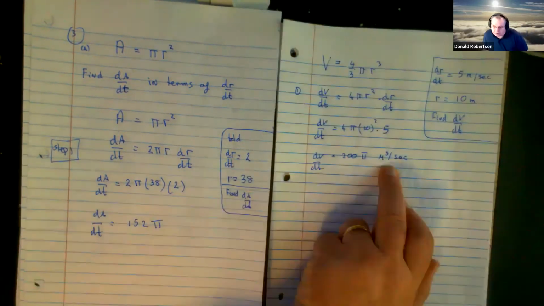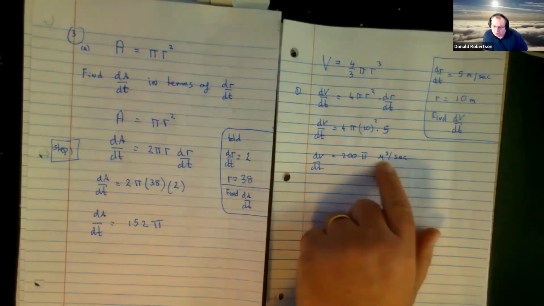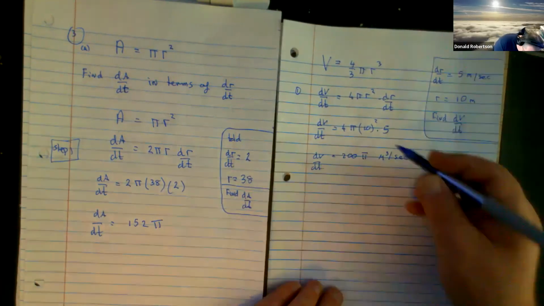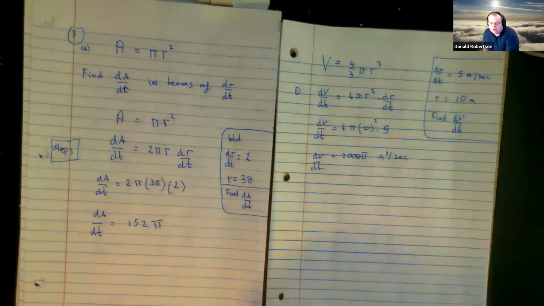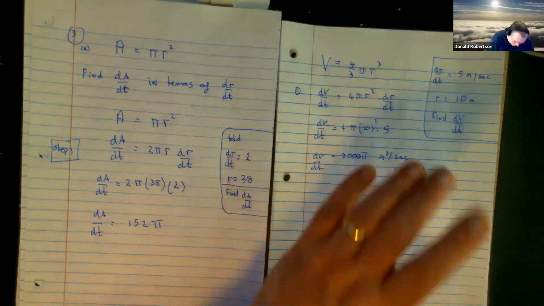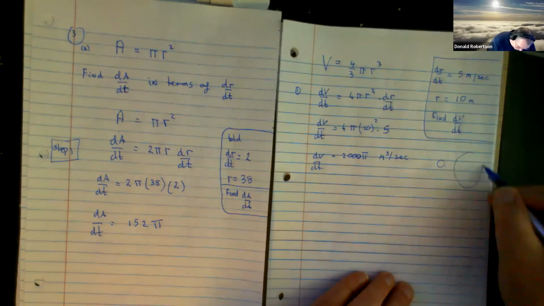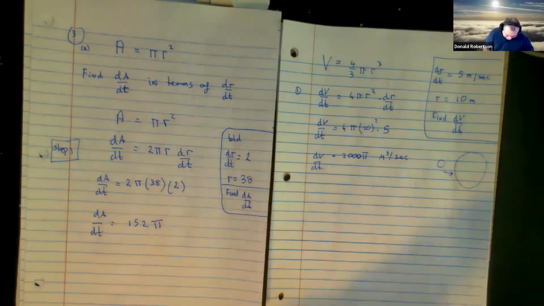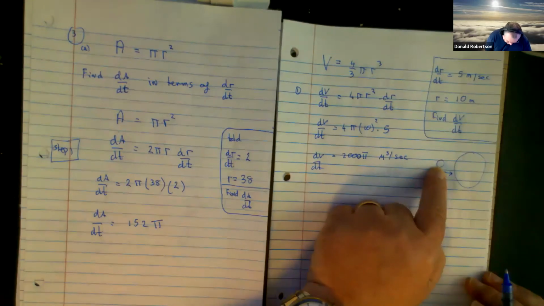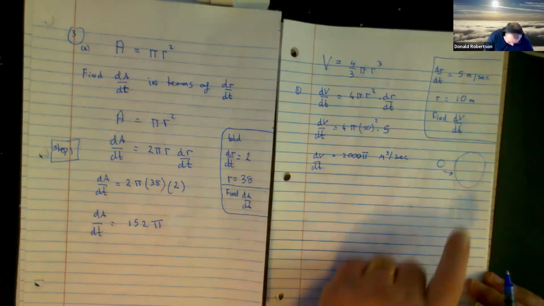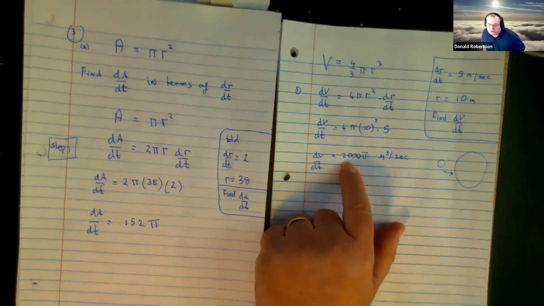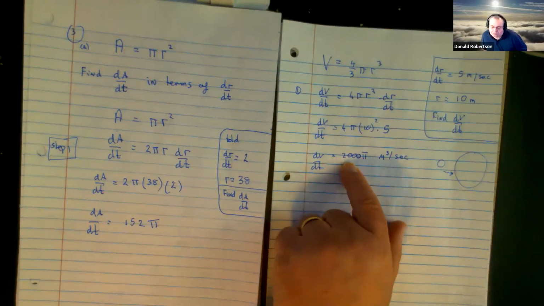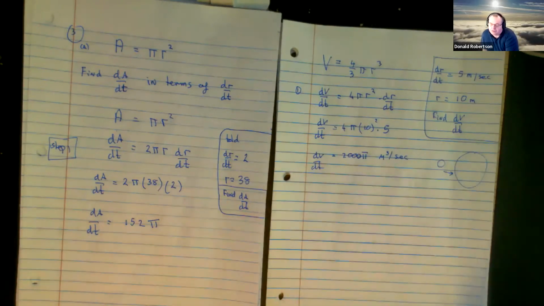You don't need to worry about the units because WebAssign normally gives you them. So you would just be typing 2000 pi. So this is modeling a sphere turning into a bigger sphere. And when it's growing at a radius of 10, in the next second, its volume is going to increase by roughly about 6,000 plus cubic meters.